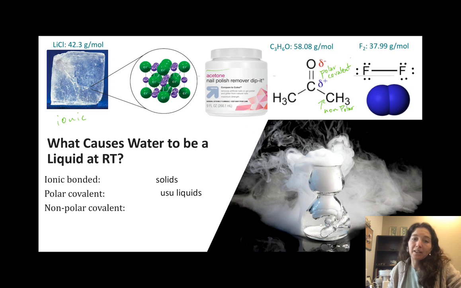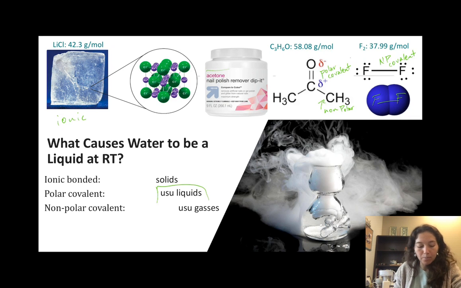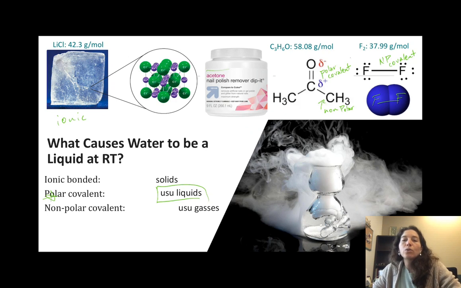But because of the polar covalent, that makes it a liquid. Our nonpolar covalent compounds, like some of these molecules here, fluorine bonded to fluorine, are usually gases. So water is often a liquid because it's got a polar covalent bond. So we'll talk in the next topic a little bit more about these interesting properties of water and the other types of forces that cause it to exhibit the properties that it does.